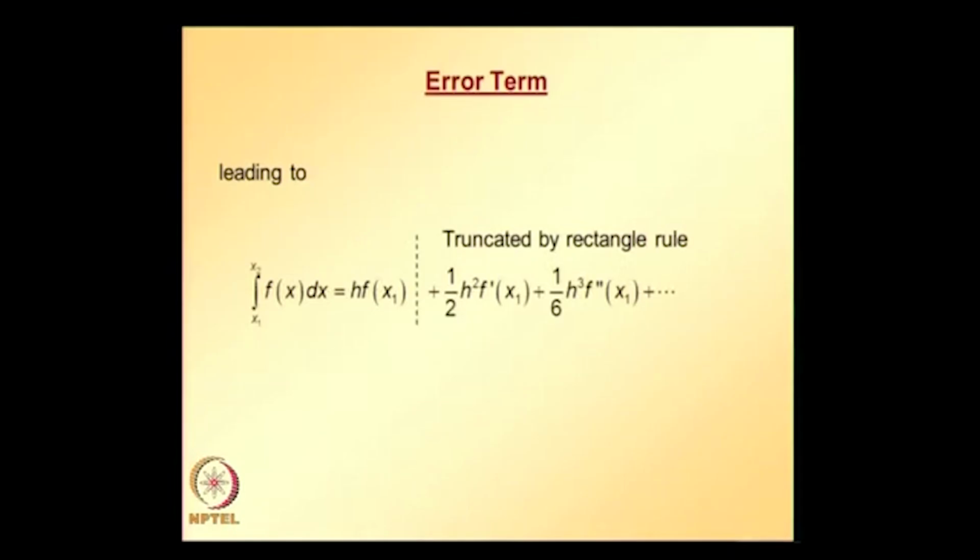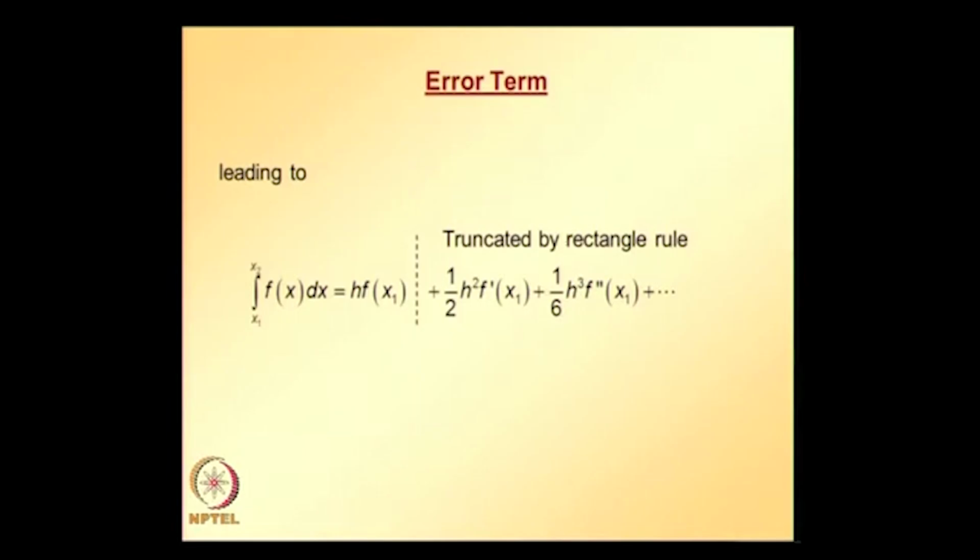to this one. And basically, if you recall, for rectangle rule, to integrate the function between the limits x1 and x2, what we are doing is evaluating the function at lower limit x1 and multiplying with a weight which is equal to x2 minus x1, and we are not considering the higher order terms shown in the series. So all the higher order terms are truncated by the rectangle rule.